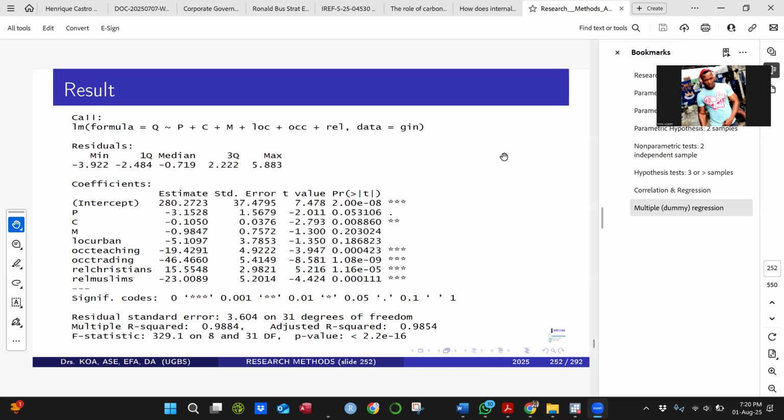So this one, you write Q equals 280.27 minus 3.15 minus 0.11 minus 0.98 minus 8.